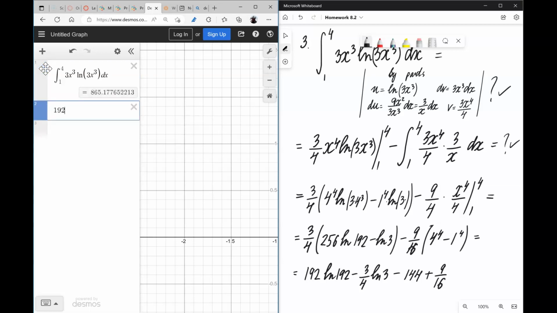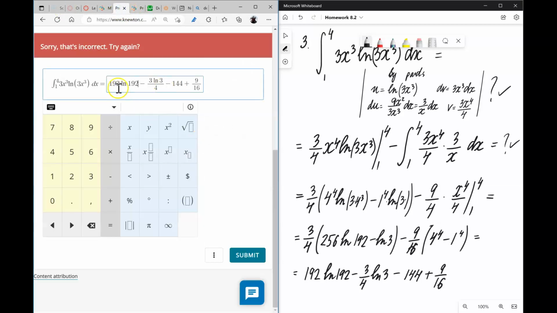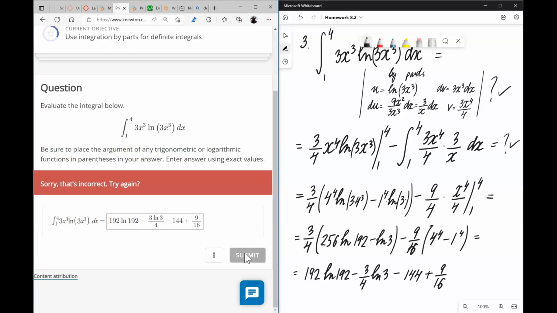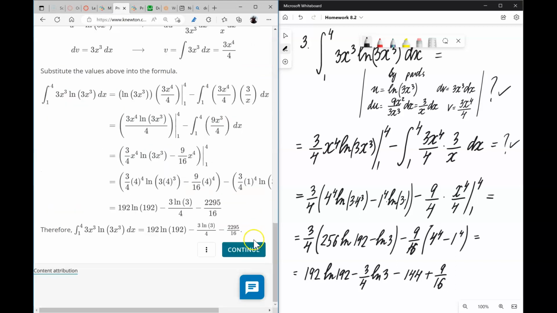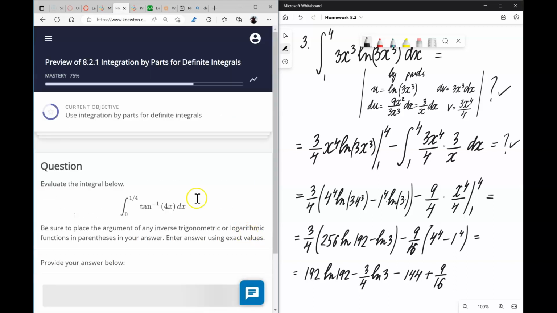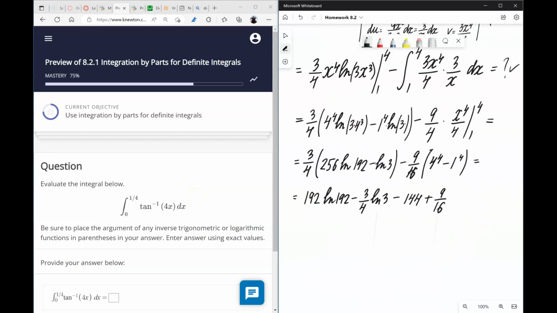And now I'm going to type my answer that I think is the right one. It looks promising, right? 9/16. Yeah, so now it's the correct answer. So I'm pretty sure that will fix the issue. Yep, so we're good. Number 3 is done. Let's do the next problem.